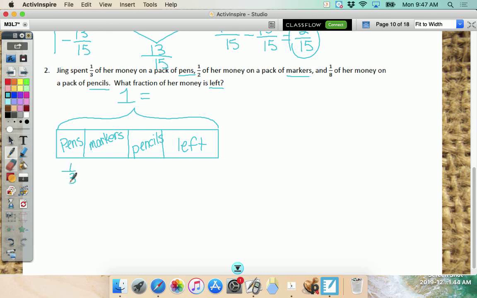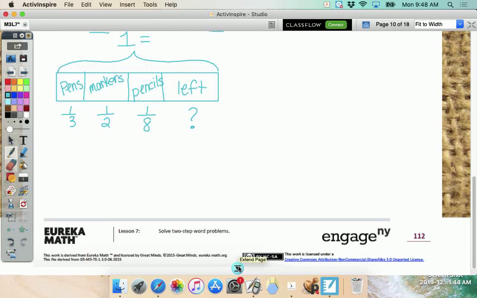So 1/3, 1/2, 1/8, and we've got to find a common denominator for 3 numbers. We're going to have to use LCM. That's fun.